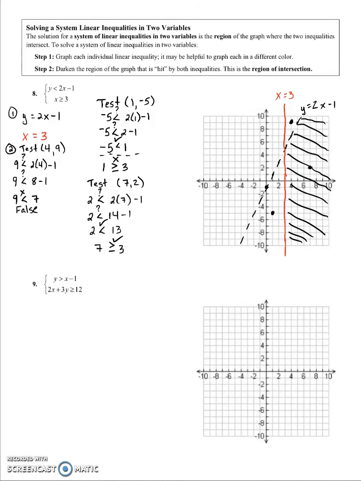Okay, let's try number 9. So number 9 says y is greater than x minus 1. So let's graph that line. And it's going to be a dashed line.